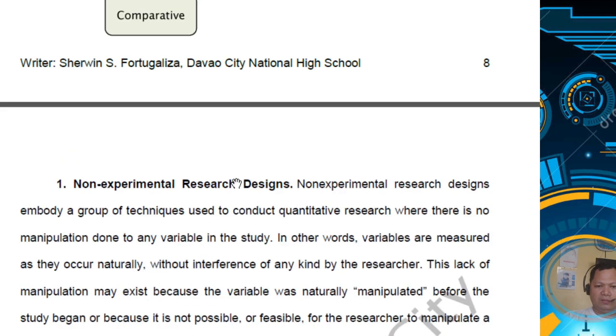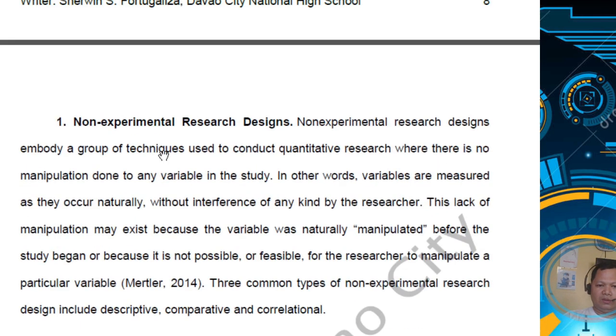Number 1, non-experimental research design. It embodies a group of techniques used to conduct quantitative research where there is no manipulation done to any variable in the study. Take note of this: no manipulation. In other words, variables are measured as they occur naturally without interference of any kind by the researcher.